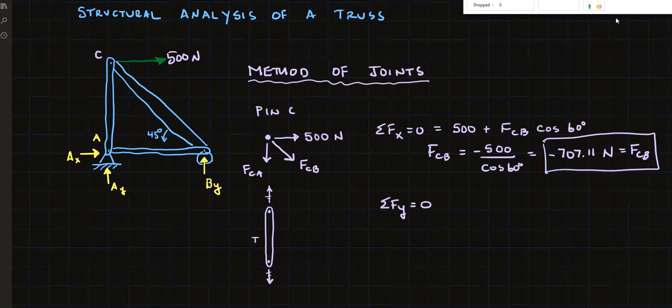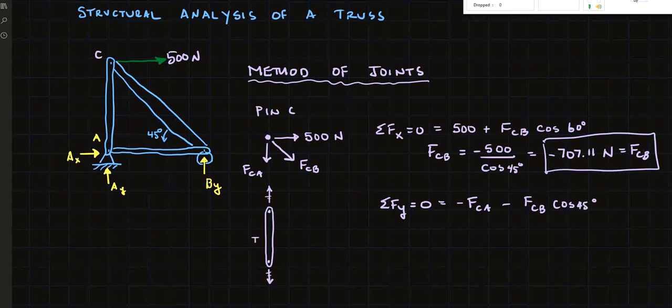So now, summing forces in the y direction, I get minus force CA, it's pointing down, minus force CB again. Again, we're just going to use cosine of 60. Okay, we're not using 60 degrees, we're using 45 degrees. 45 and 45.